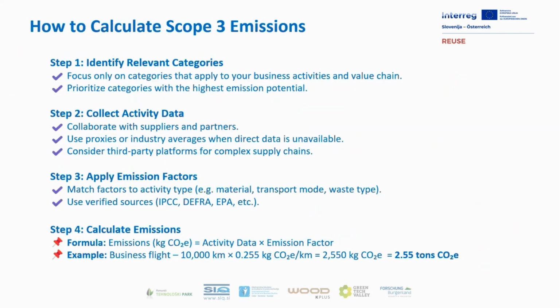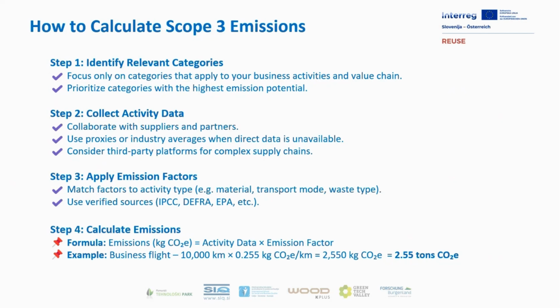But calculating Scope 3 emissions can be complex, like we've seen, because of the wide range of sources involved, but the process follows 4 clear steps. Step 1 is to identify the relevant categories.